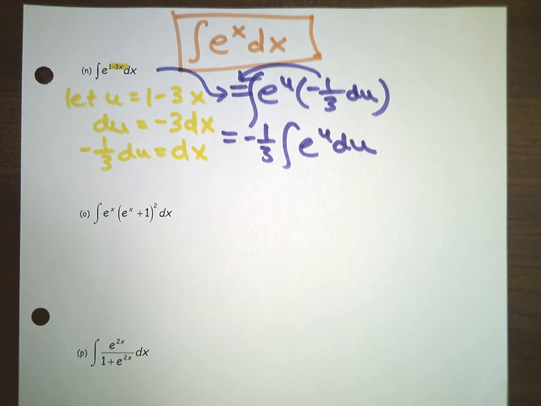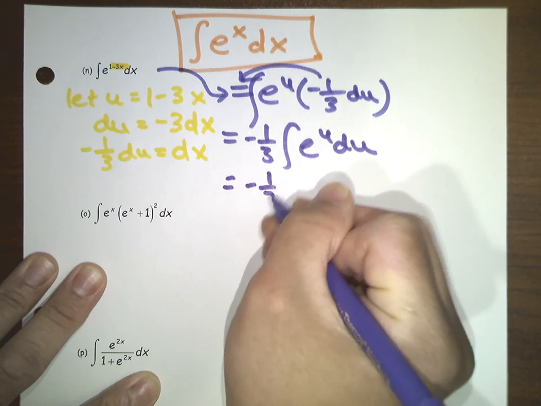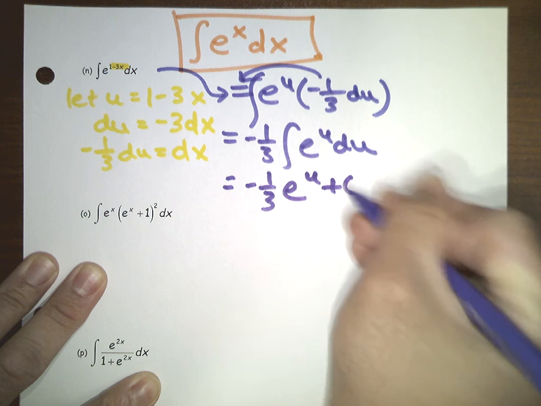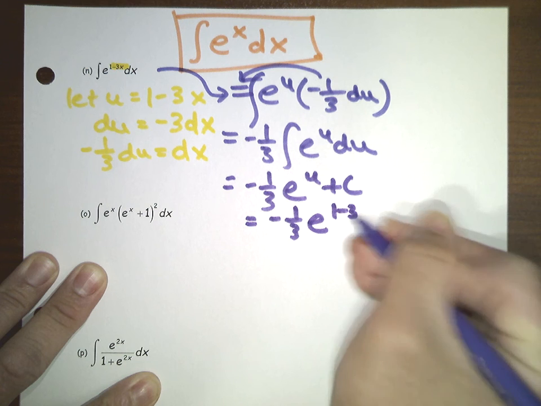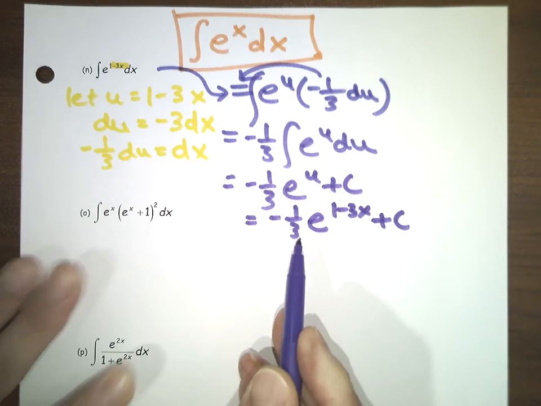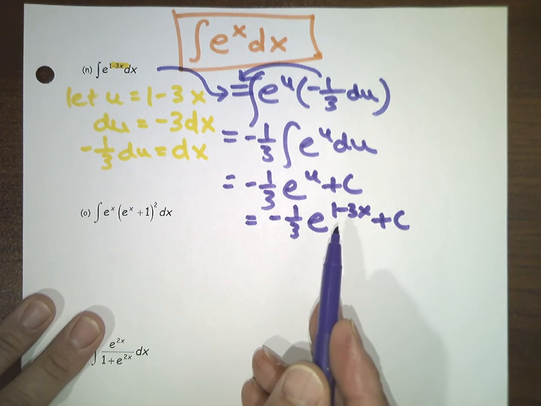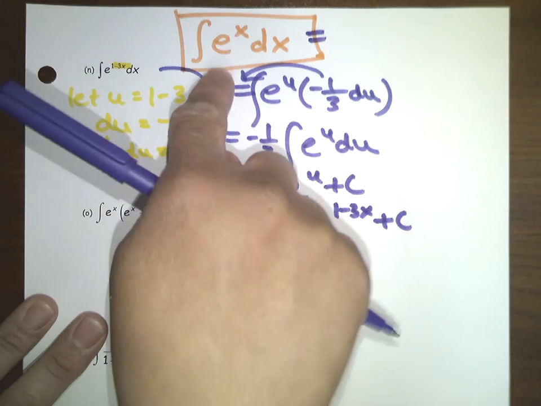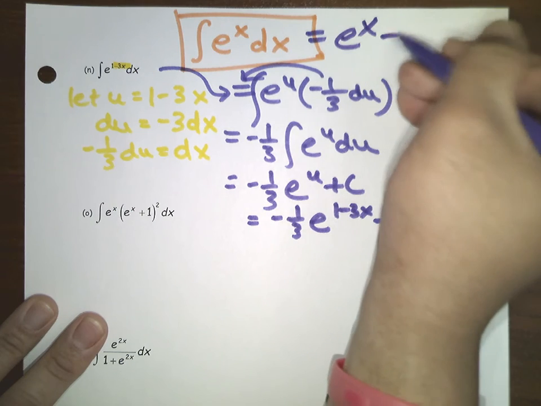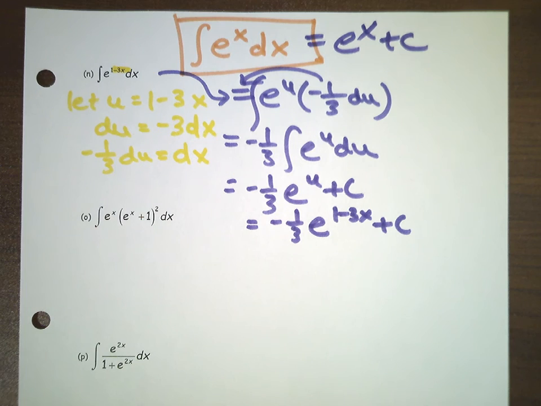So I have negative 1/3 integral of e to the u du, and the integral of e to the u is e to the u plus c, so negative 1/3 e to the u plus c, and u was 1 minus 3x, so I have negative 1/3 e to the 1 minus 3x plus c. So again, the integral of e to the x dx is e to the x plus c.